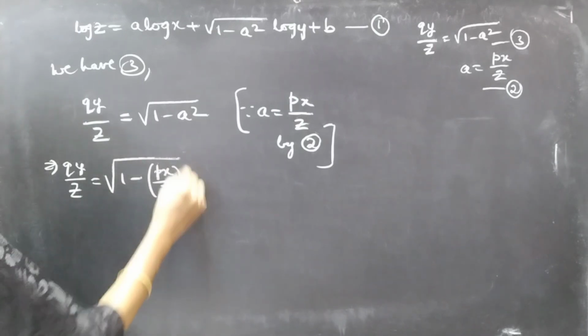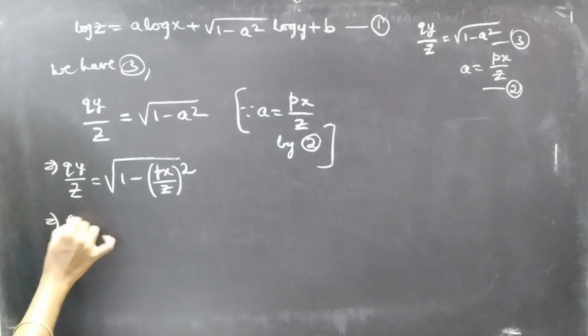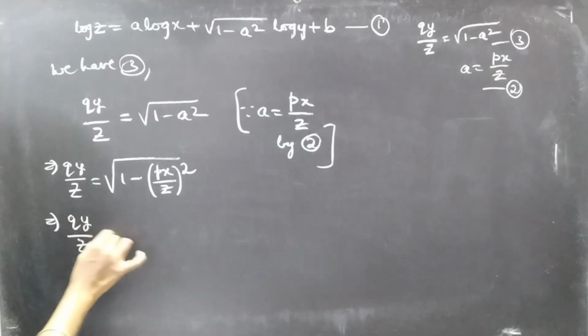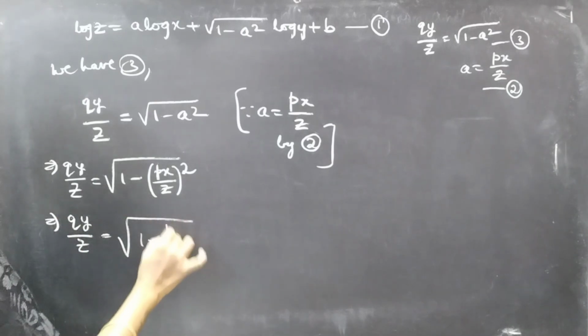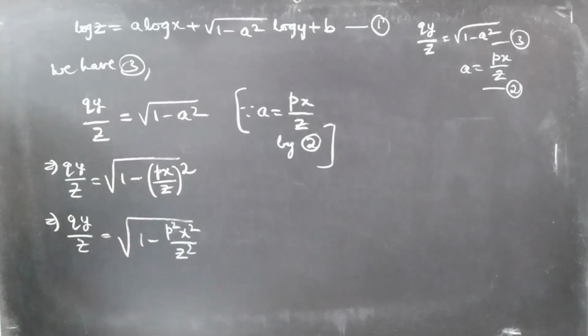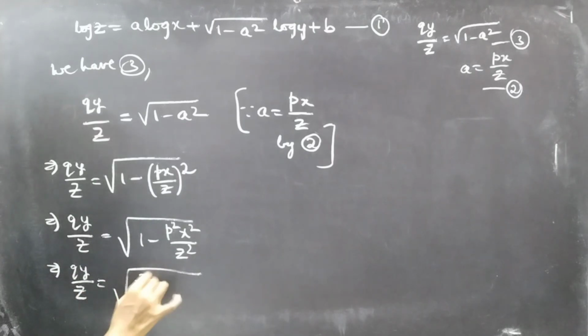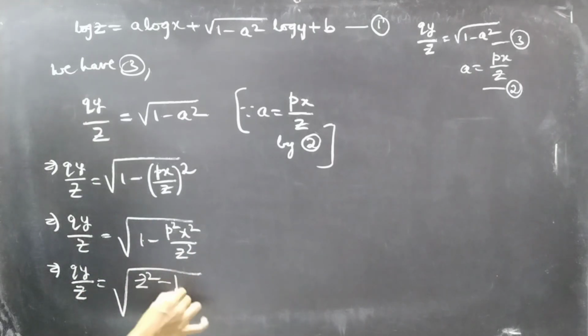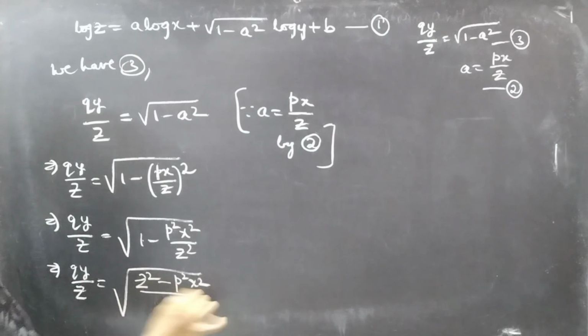px by z whole square, which gives us qy by z equal to square root of 1 minus p square x square by z square. Just simplify it. qy by z equal to square root of 1 into z square minus p square x square by z square.